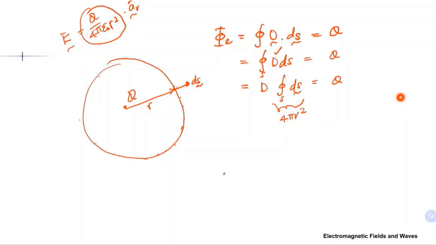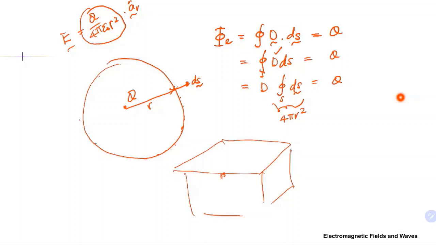But if I draw a cube, on this surface here compared to this surface here, they are all a different distance from my charge.